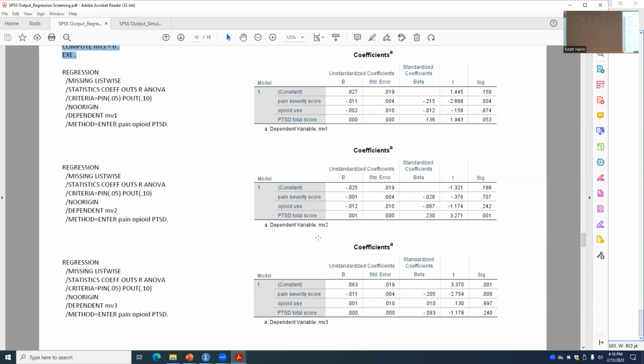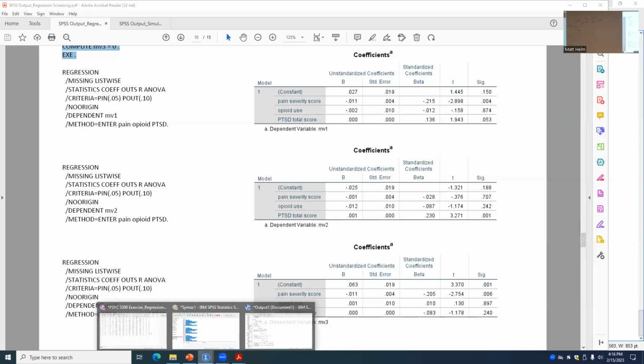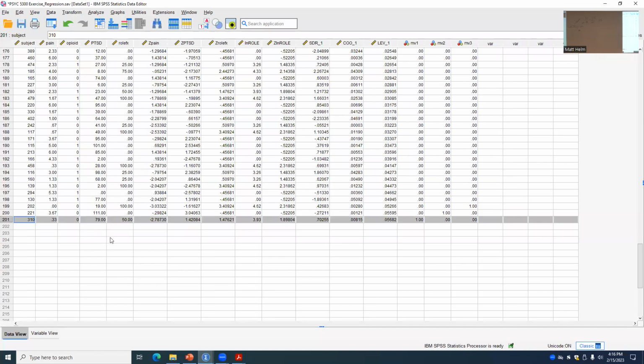Okay. And now if I go back to my data set and look at these cases, 301. Again, if we look back at our original descriptives for the whole set, this person was flagged, at least in this regression model, as being weird for having a low level of pain with maybe a high level of PTSD, okay?